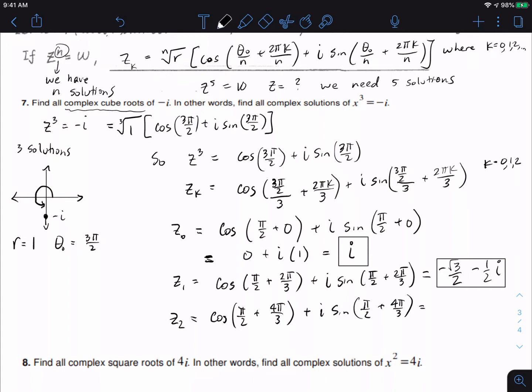Okay, so we're okay with that piece. And then evaluating that, I'm going to get radical 3 over 2 minus 1/2 I. And that's its solution. So we're a cubic, we should have 3 solutions, and those are the 3 solutions.